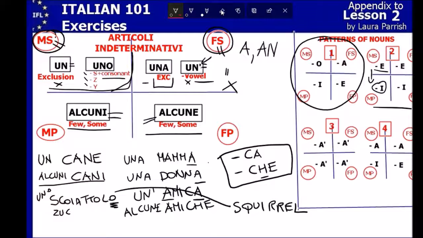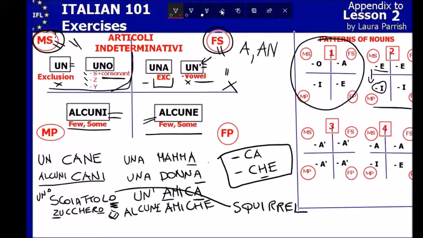Zucchero, uno zucchero. Zucchero is sugar, and it can also be that square sugar that you put in the coffee. So what is the right indeterminative article? With O, you know it is masculine singular. So you go here.